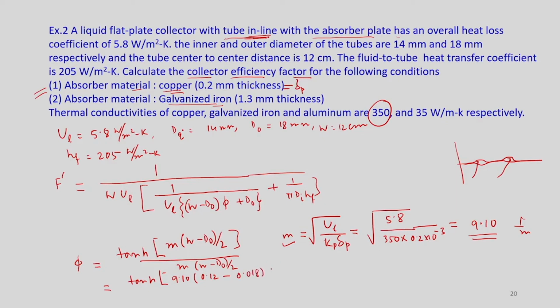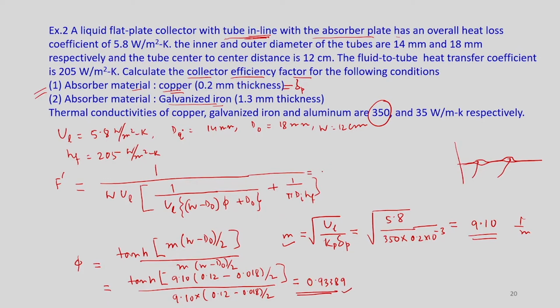Divided by 2, this will be m is 9.10, then you have 0.12 minus 0.018 divided by 2. So this gives a value of 0.93389.